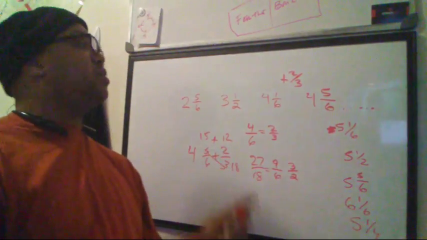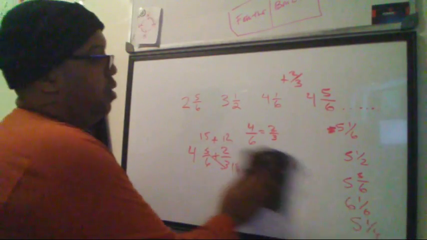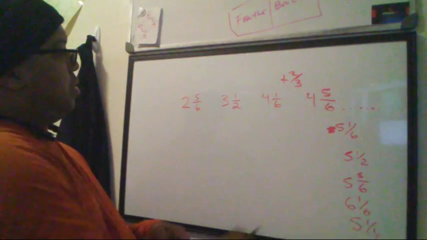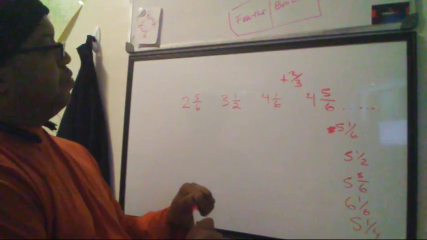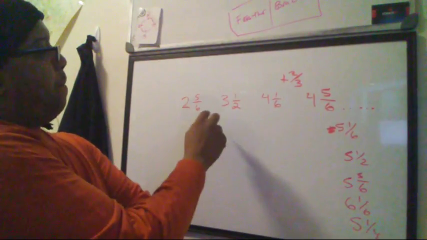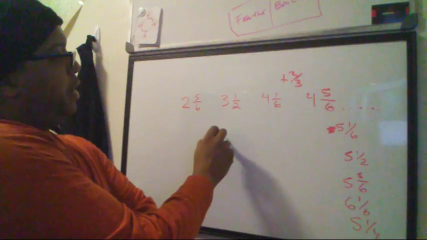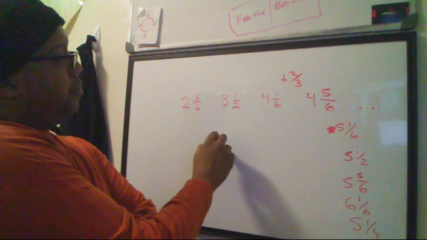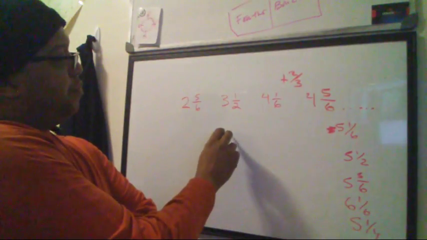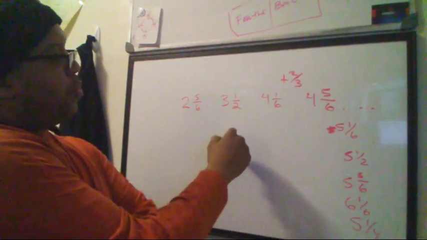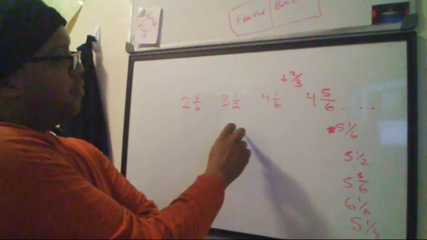All right, so let's compare, because they did not add by 2 1/3. So this is what I'm going to do. I'm going to subtract 3 1/2 from 4 1/6, see what that does for us.